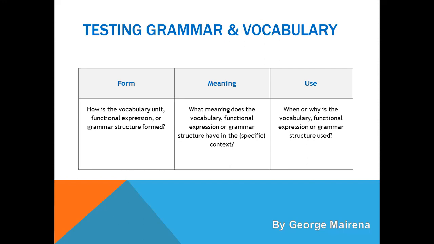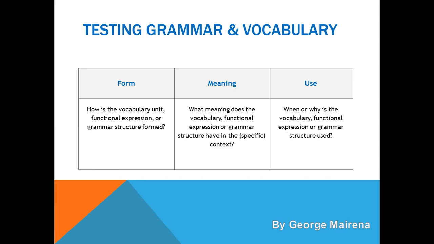And if it is continuous, present perfect continuous, we use been plus the main verb with ing. So those things that you're clarifying or specifying, verb plus ing and so on, they are the functional expression or grammar structure, okay? What about meaning?